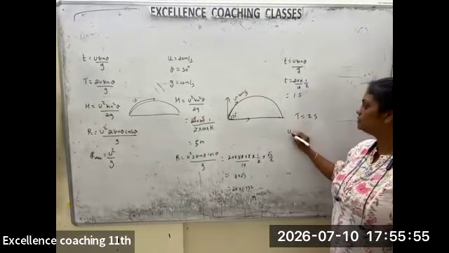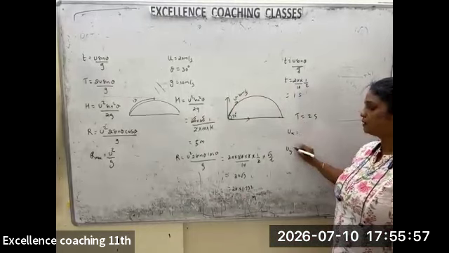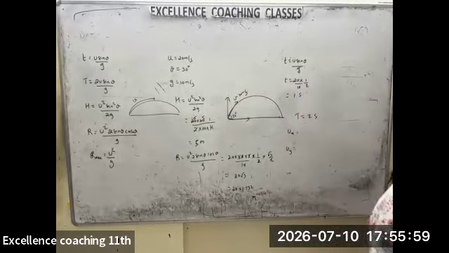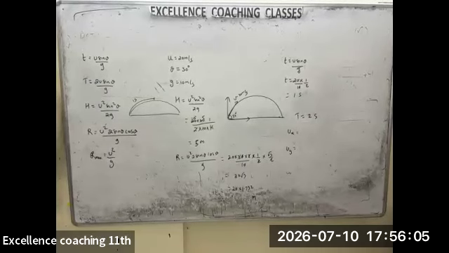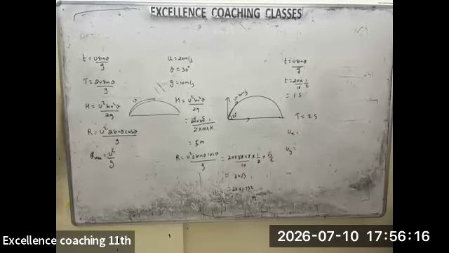So find out ux and uy. The formula for ux is u cos theta, and uy is u sin theta. Very good.